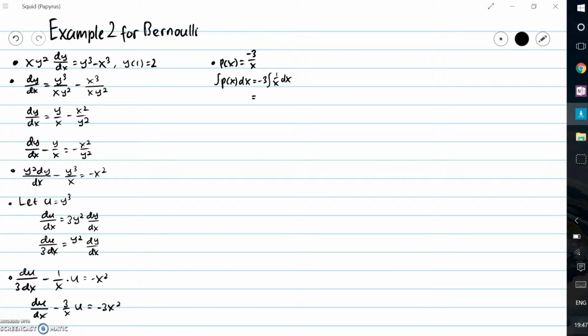After integrating p(x), we get mu(x) as 1 over x cubed. After integrating both sides, let's put u on the left side of the equation and substitute it back into y.